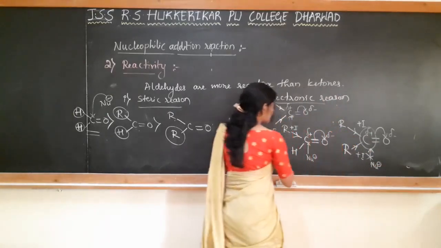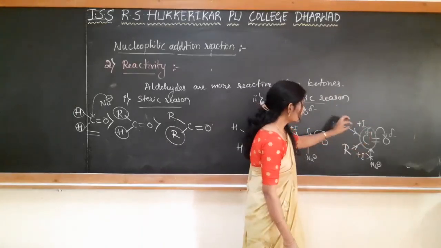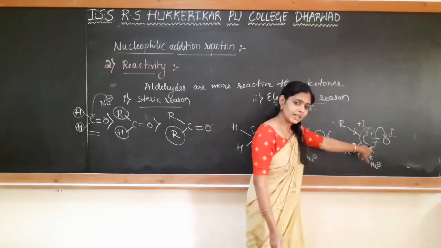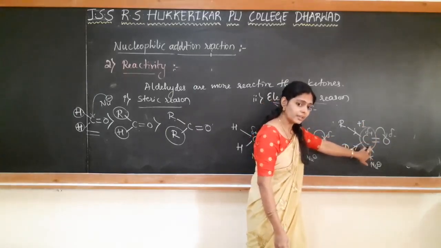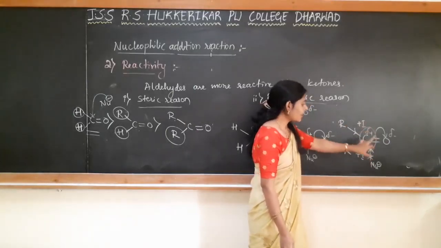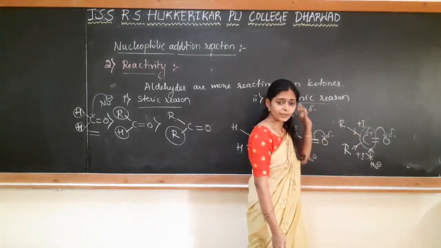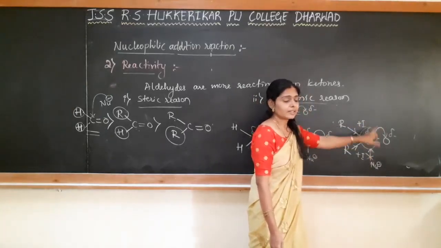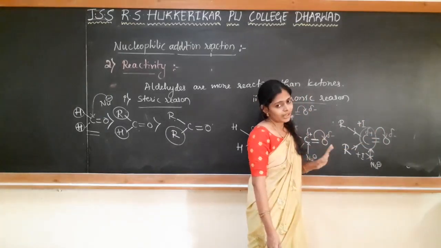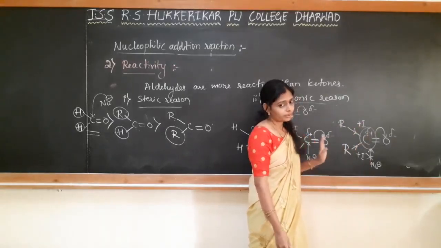So as the alkyl group increases, the inductive effect increases, which pushes electrons towards the carbonyl carbon, which increases the electron density on the carbonyl carbon, because of which the electrophilicity of the carbonyl carbon decreases. When the electrophilicity is reduced, the nucleophile is not attacking that carbonyl carbon. So the reactivity towards nucleophilic addition keeps decreasing.